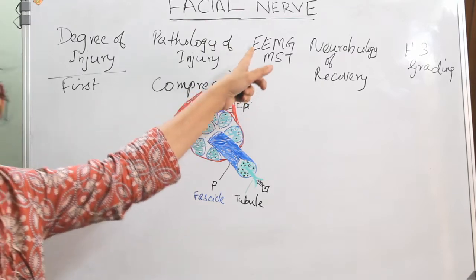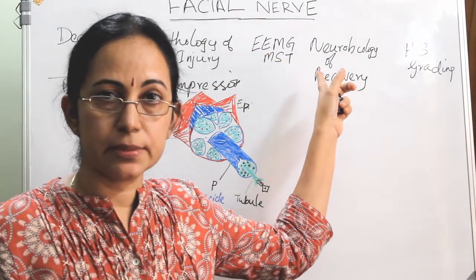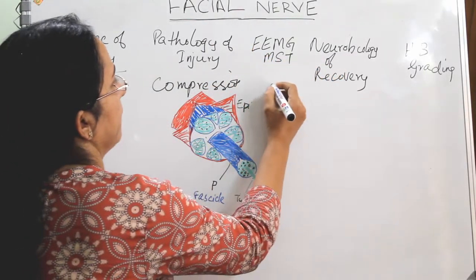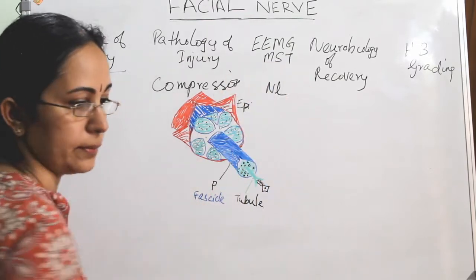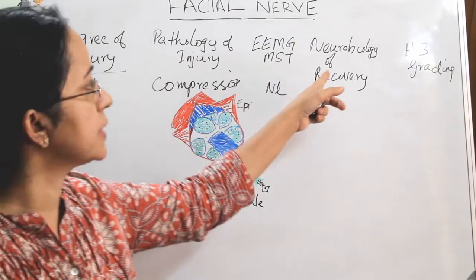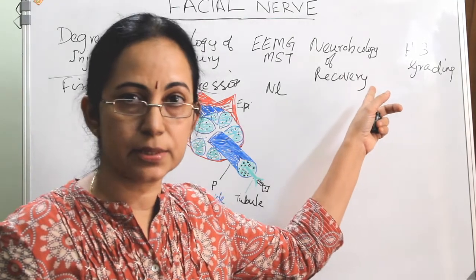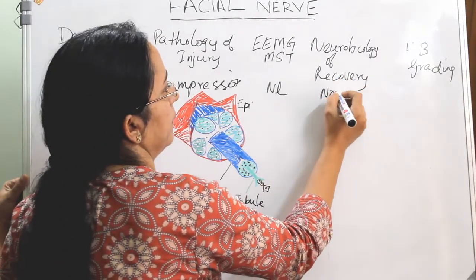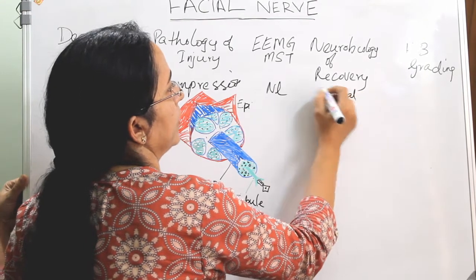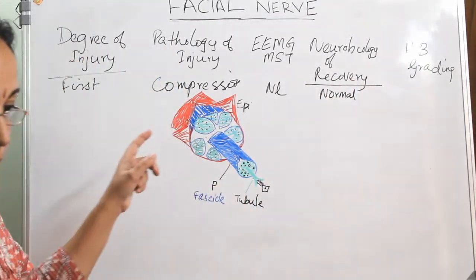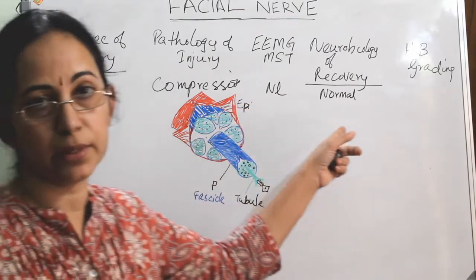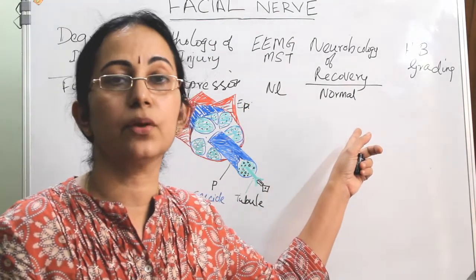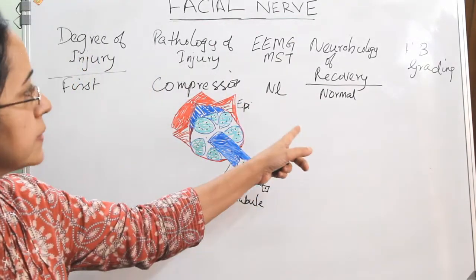What will be the electrophysiological test? That will be normal, right? And is there any morphological change? There is no morphological change. Normal. And complete recovery happens, maybe it takes a period of 1 to 4 weeks.